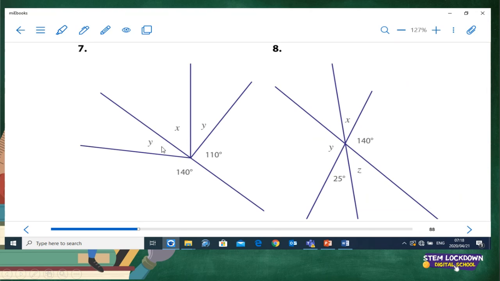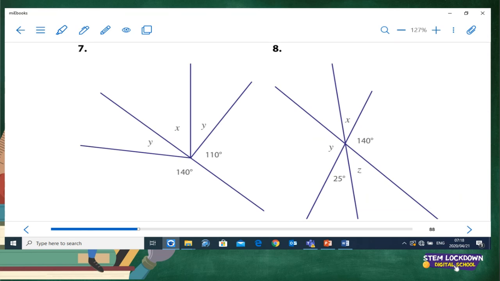But of course, let's look at the first one here, this one. And perhaps it will become clearer why do we also have y there? In this case, we know that y and 140 are angles on a straight line. These two angles are angles on a straight line. And how do we solve angles on a straight line? We should know by now that angles on a straight line form 180 degrees.